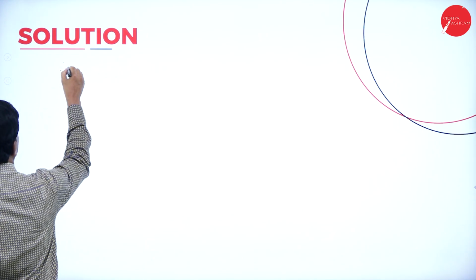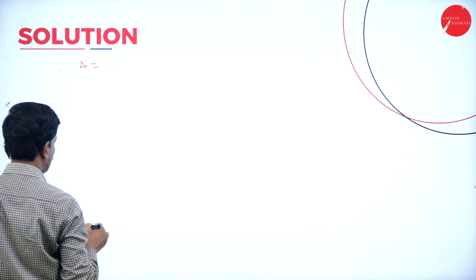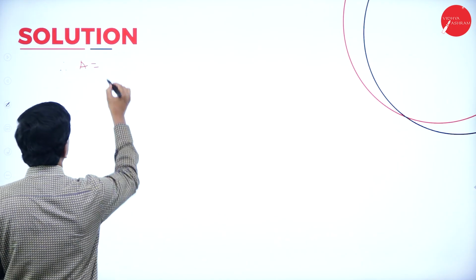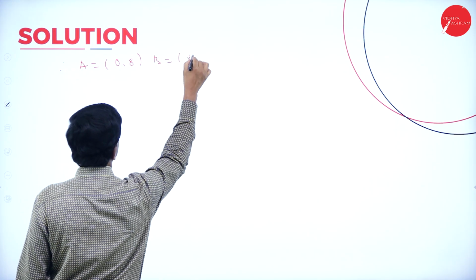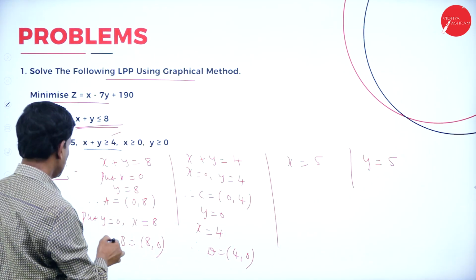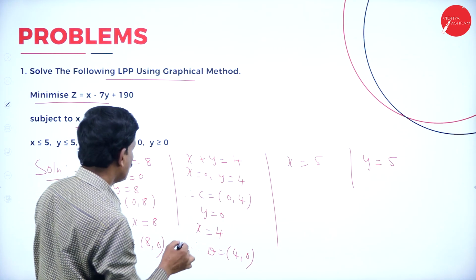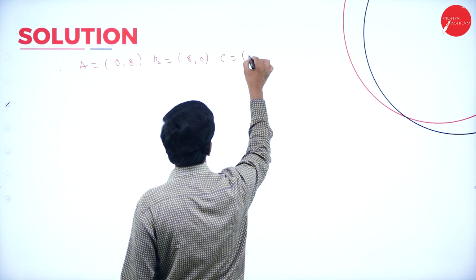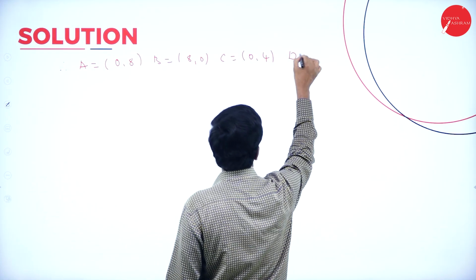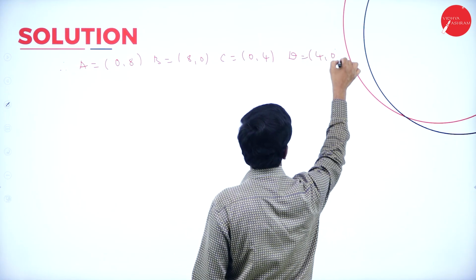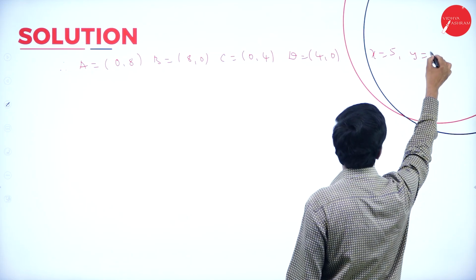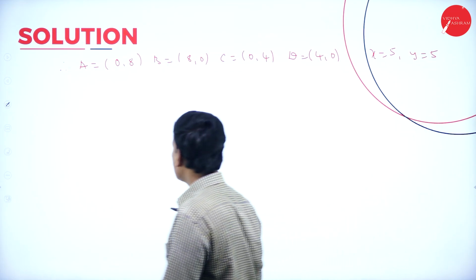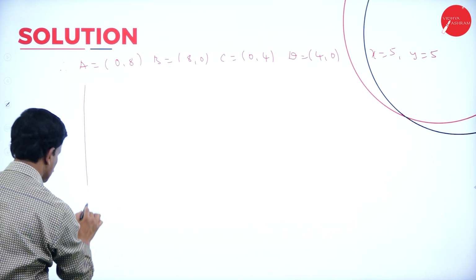The points are A is 0, 8, B is 8, 0, C is 0, 4, and D is 4, 0, and the lines x is equal to 5 and y is equal to 5. Now let us draw the graph for this.